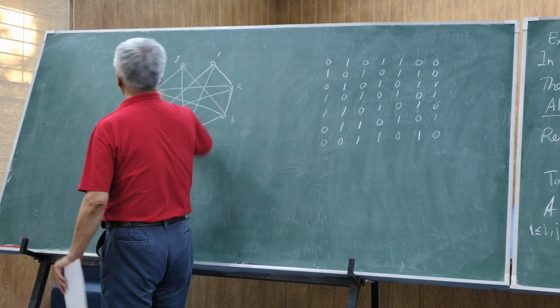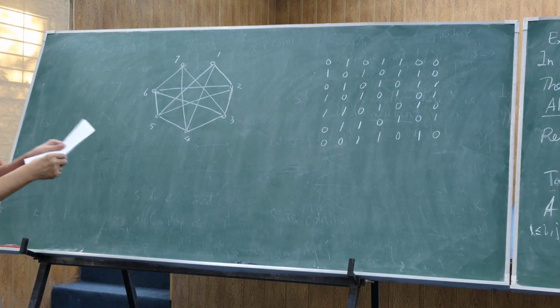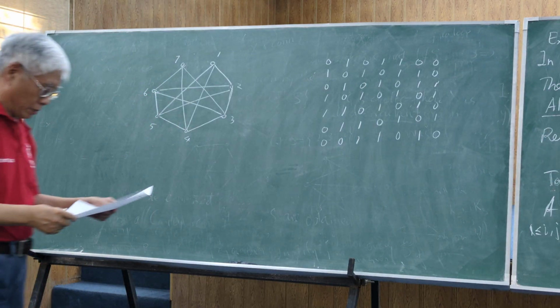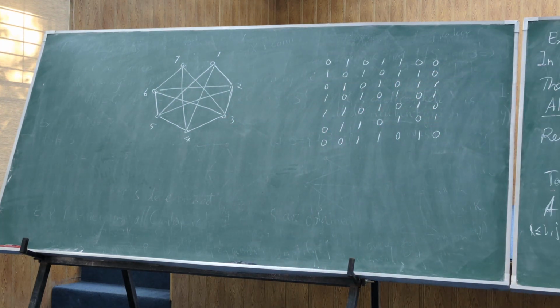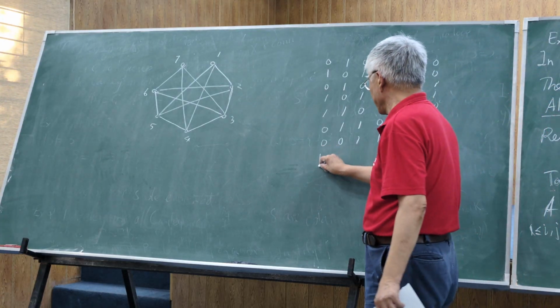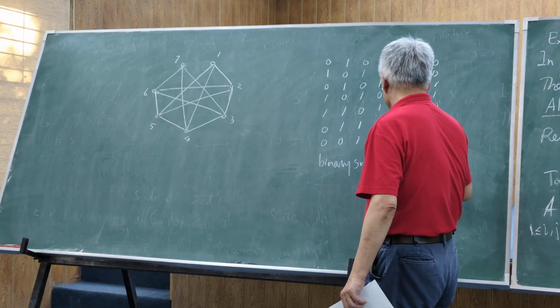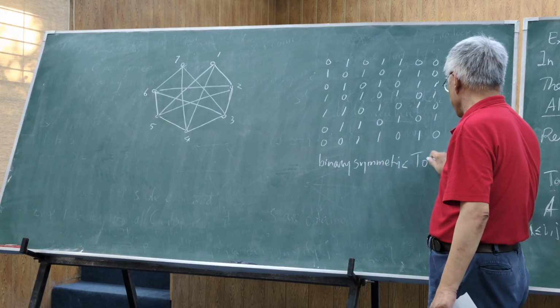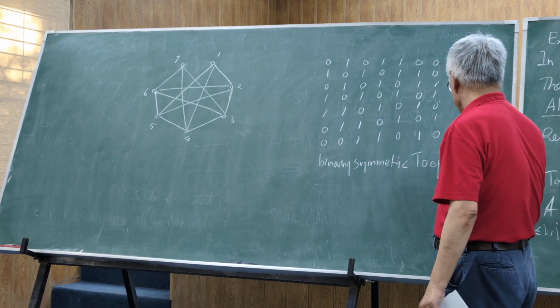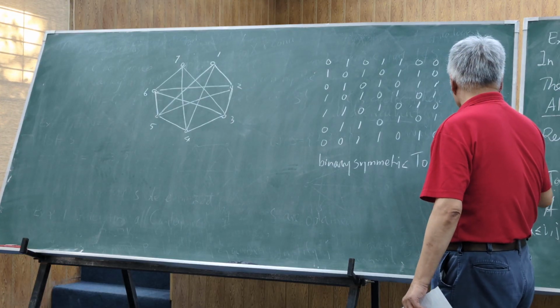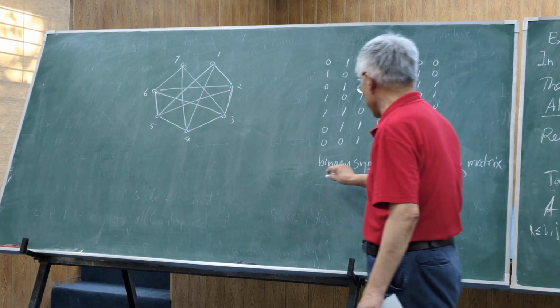So this was the graph which I have obtained from this binary symmetric matrix. The matrix has main diagonal 0.